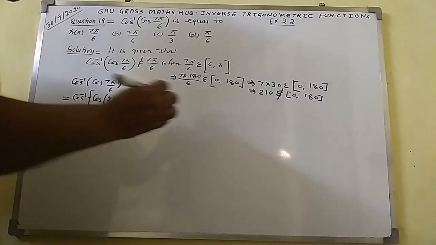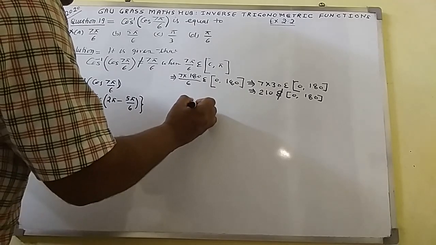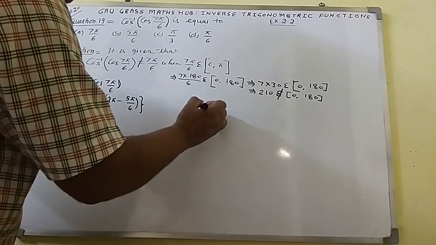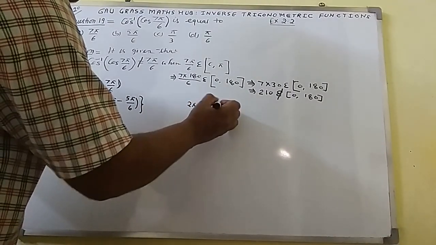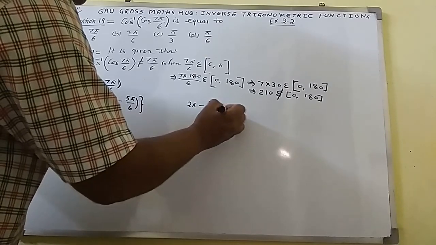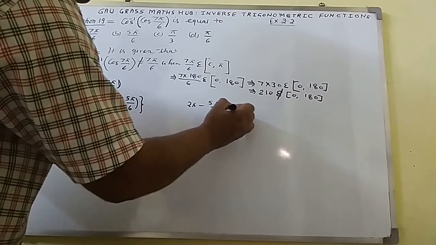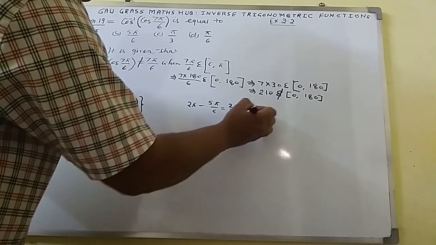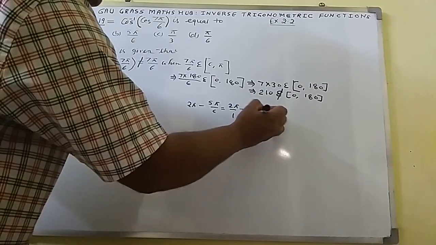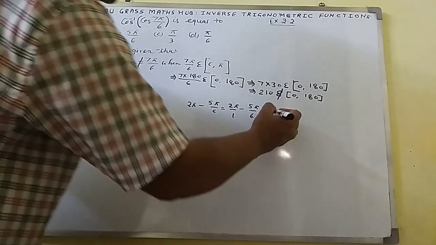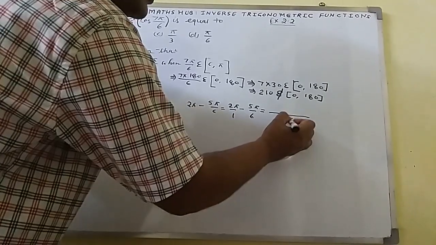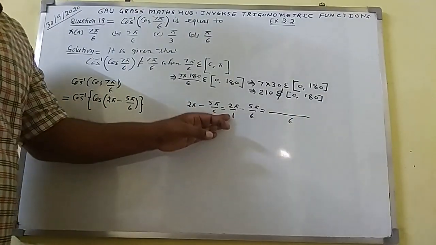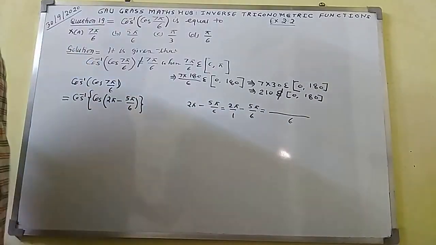If you do the operation, 2 pi minus 5 pi by 6 becomes 2 pi over 1 minus 5 pi over 6. Take the LCM of 1 and 6, you will get 6.